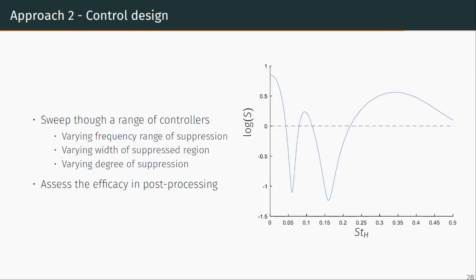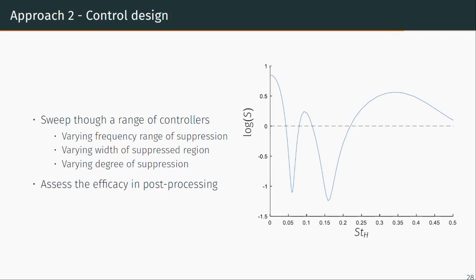So, for example, here's one such sensitivity function response in which we design it to have a trough here, close to Strouhal number 0.2, and then in order to do that, it's forced to also have peaks elsewhere. So when this log of S is less than 0, we have attenuation or expected attenuation in that frequency range.